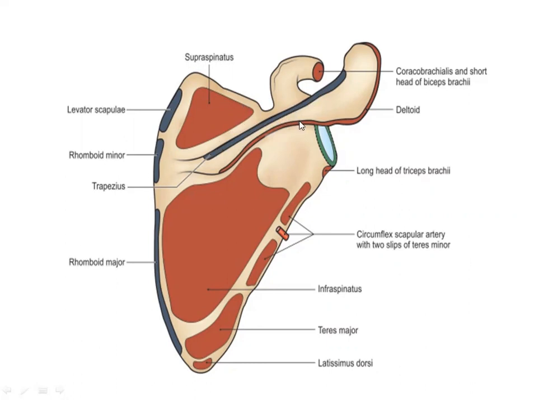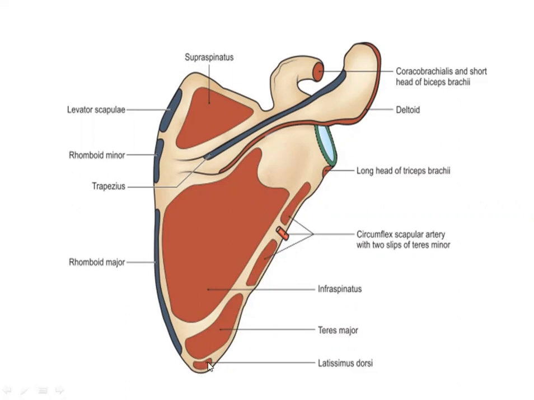Then the deltoid muscle origin in the lower lip of the spine. Then in the infraspinous fossa, there is the infraspinatus muscle origin. Then in the lateral border of the scapular bone there is the teres major muscle and the teres minor muscle origin.